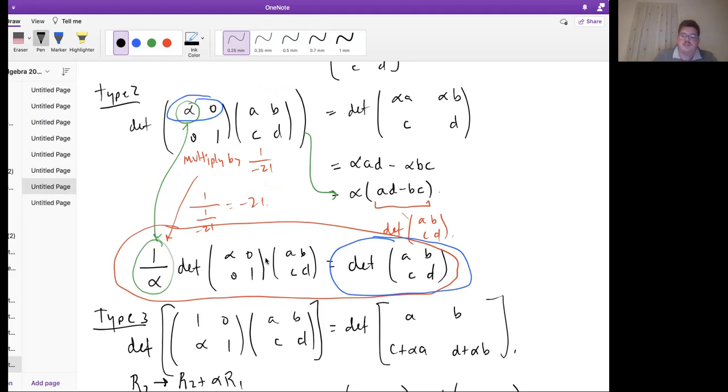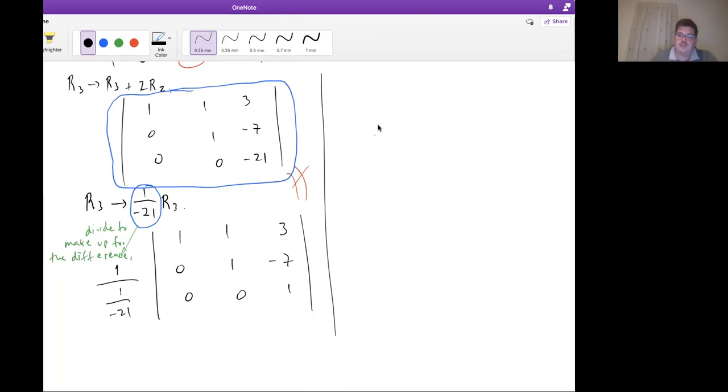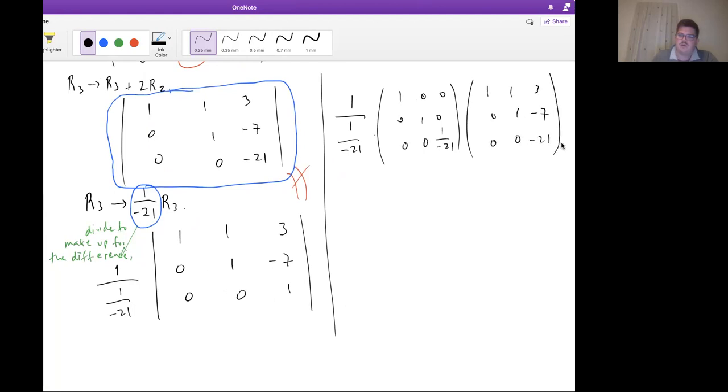Yes, here. So does this statement make sense here? Okay, so let's say this is what we're doing: 1 over negative 21 on the diagonal, with 1 0 0, 0 1 0, 0 0 1 over negative 21, times the matrix 1 1 3, 0 1 negative 7, 0 0 negative 21.